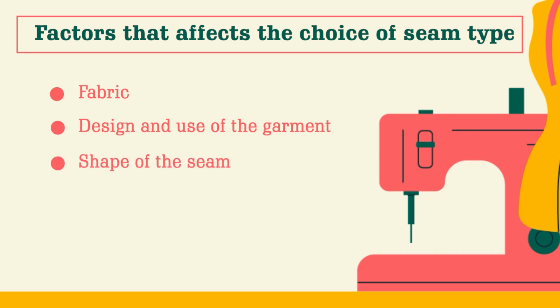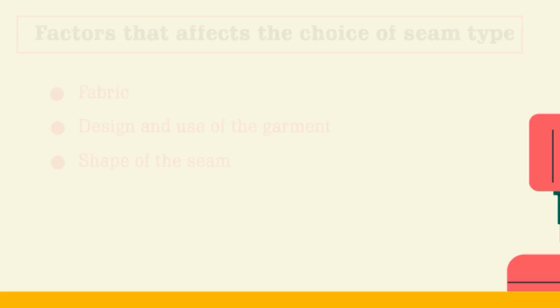That also influences the choice of seam. Seams may be straight or curved. So straight seams may be in vertical direction or horizontal direction or slanting and angular direction. So when you're joining curved edges, a plain seam will give a better finish than a French seam.